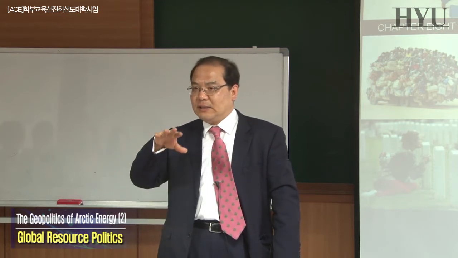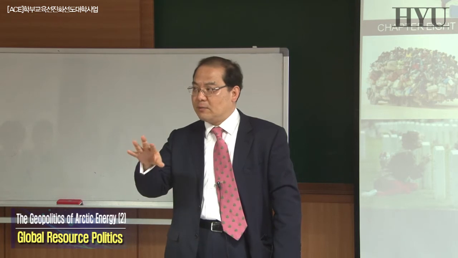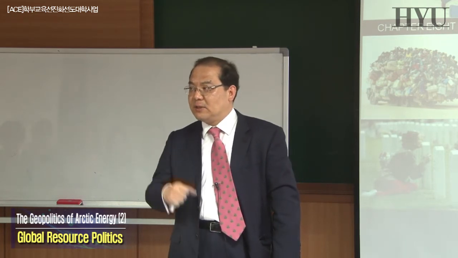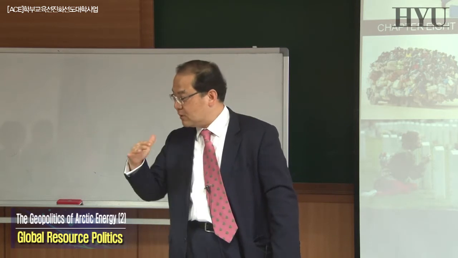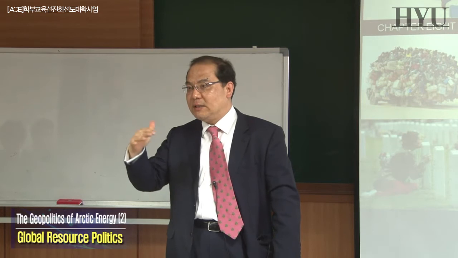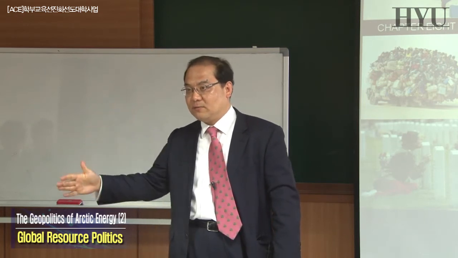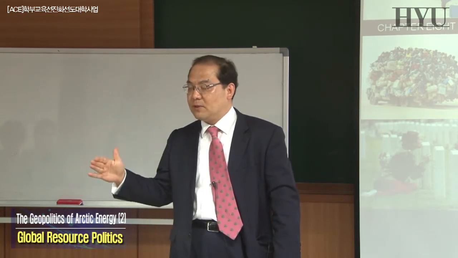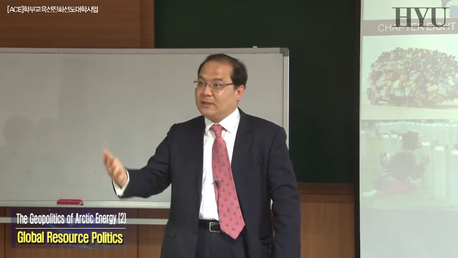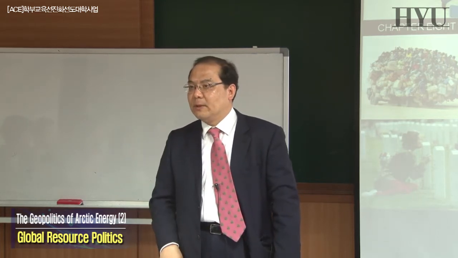We have EEZ, exclusive economic zones. Then 12 miles freely given. Then you have the 200-mile EEZ. Beyond the 200-mile EEZ, you have the continental shelf. Continental shelf is much more contentious. You can see it over there. Much more contentious, right?